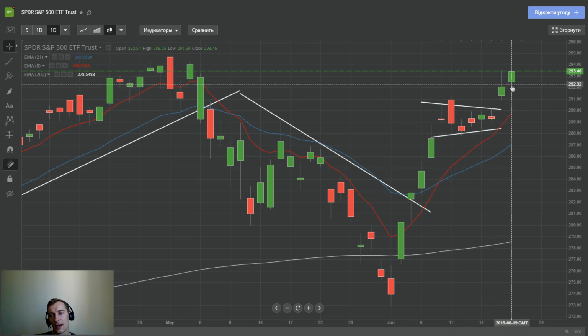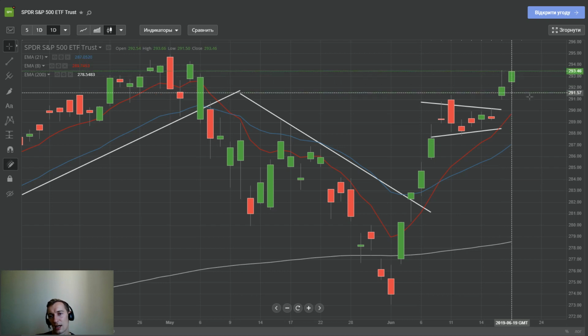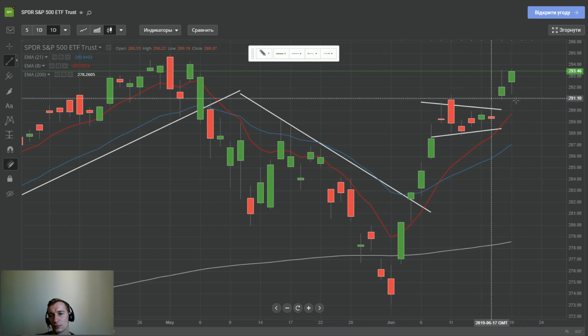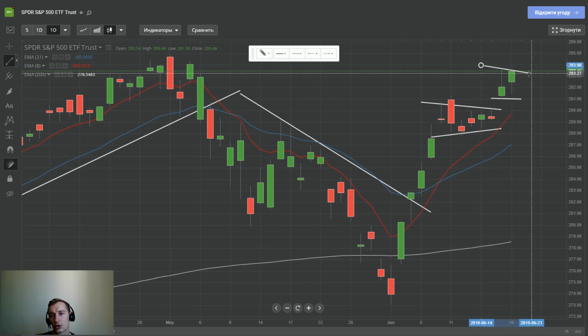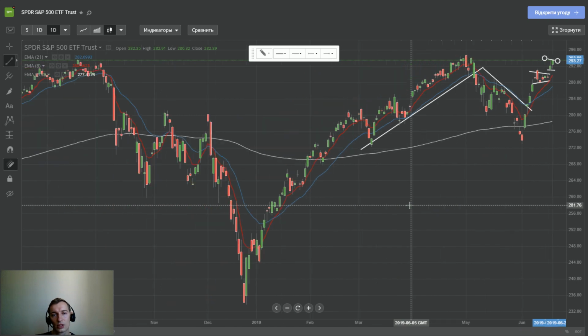And on the Fed day, we had this nice continuation candle that closed a bit lower than the previous session's high. But still, you can put active support, like 291, and this two-day resistance around 293.50. And of course, we are not far from all-time highs.